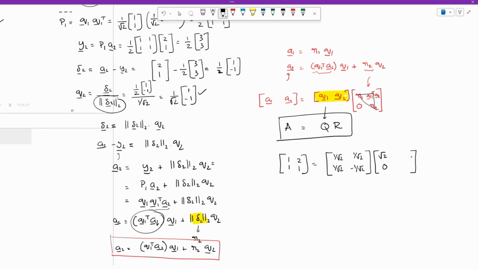Well, the first element here will be Q1 transpose A2. What is that? 3 by 2, is it? 3 by root 2. Okay.